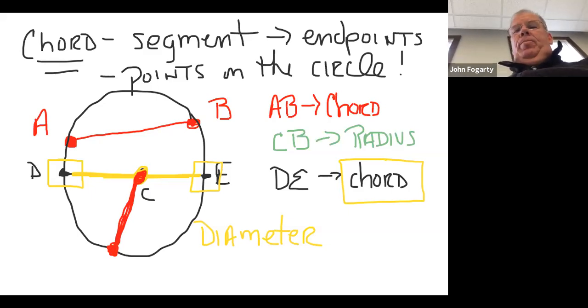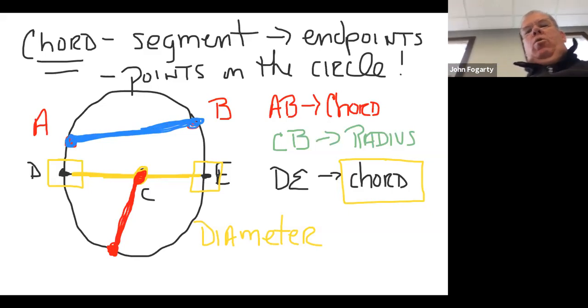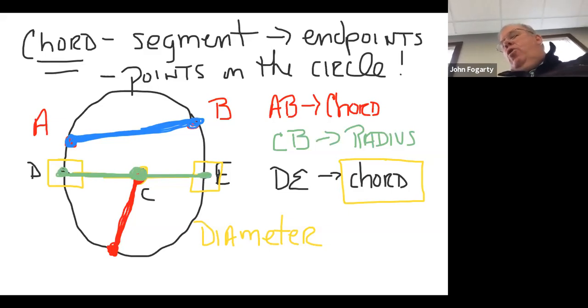A chord, AB in this picture, is a line segment where the two endpoints are on the circle. And sometimes we have a special chord, where both endpoints are on the circle, but it passes through the center of the circle. That's called a diameter.